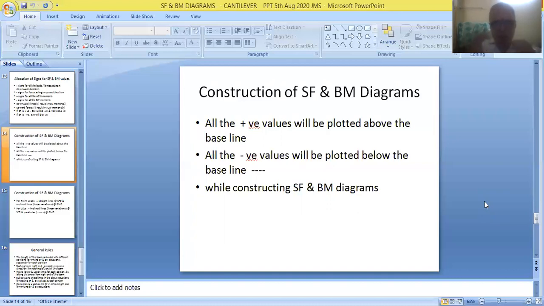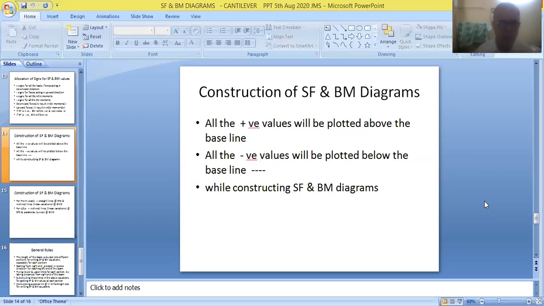And naturally, positive values must be plotted above the baseline, and negative values must be plotted below the baseline.